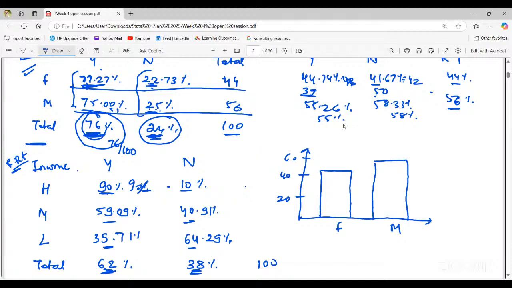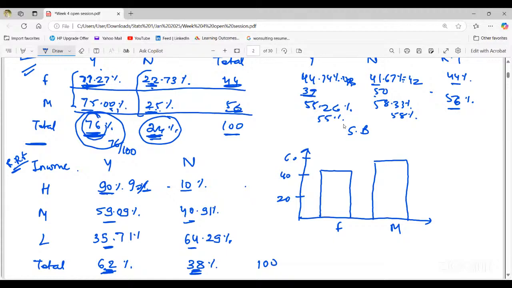Okay, so you took the numbers from the above table, na? Yeah, this is 44 and 56, the number of females who are owning a smartphone and the number of males who are owning a smartphone. Okay. Now I'm just converting this into a stack bar chart. What is a stack bar chart? In this bar only, I'm just dividing into two categories.